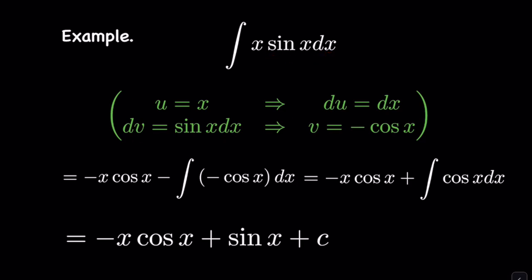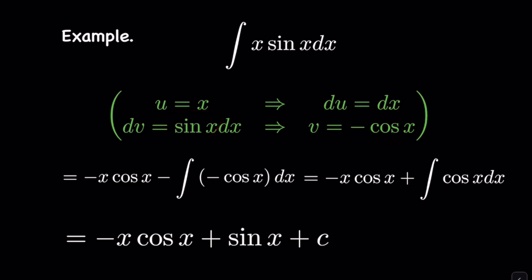The next step is always to compute du here and compute v here. So du is going to be dx, and v is going to be the antiderivative of sine. Antiderivative of sine is minus cosine. I'm basically integrating sine. It is minus cosine.